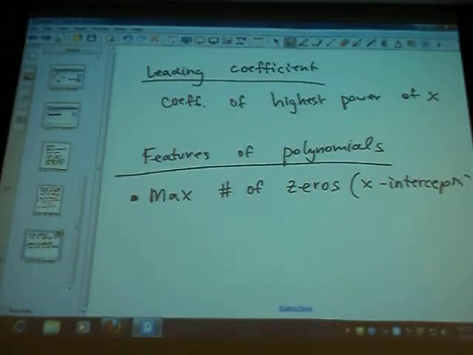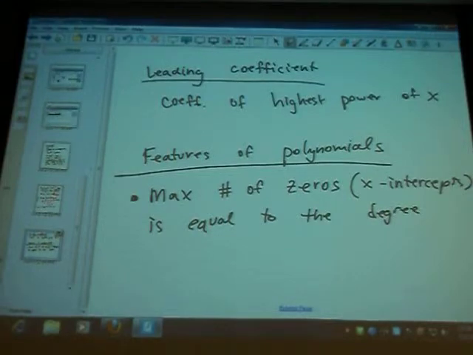The maximum number of zeros would be the same as your highest degree. The degree tells you the maximum number of zeros. Like a quadratic has degree 2, it can have 2 x-intercepts. Cubic has degree 3. It can. It's not that it will. It doesn't have to. The maximum just means at most. It doesn't mean it has to equal that number.